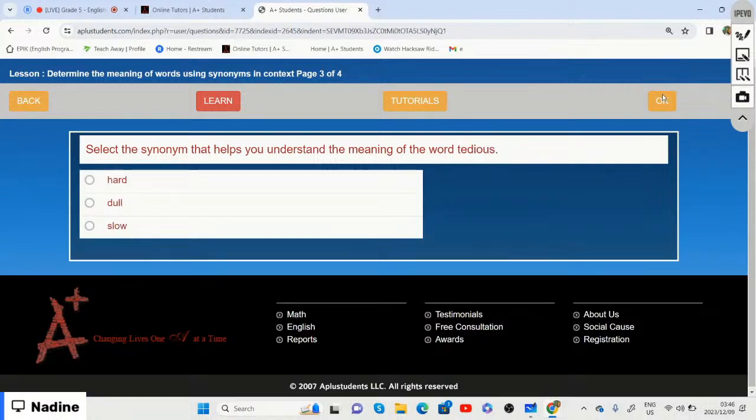And lastly, let's select the synonym that helps you understand the meaning of the word tedious. Is tedious hard? Is it dull? Or is it slow? Tedious.